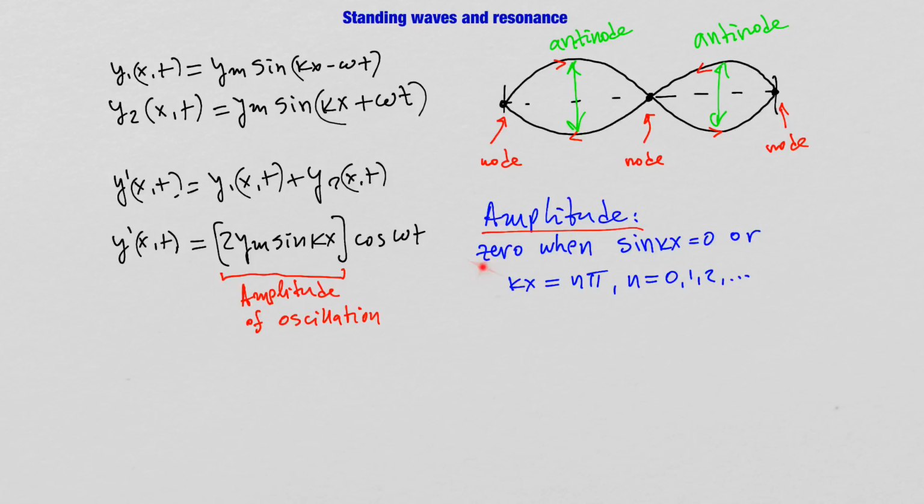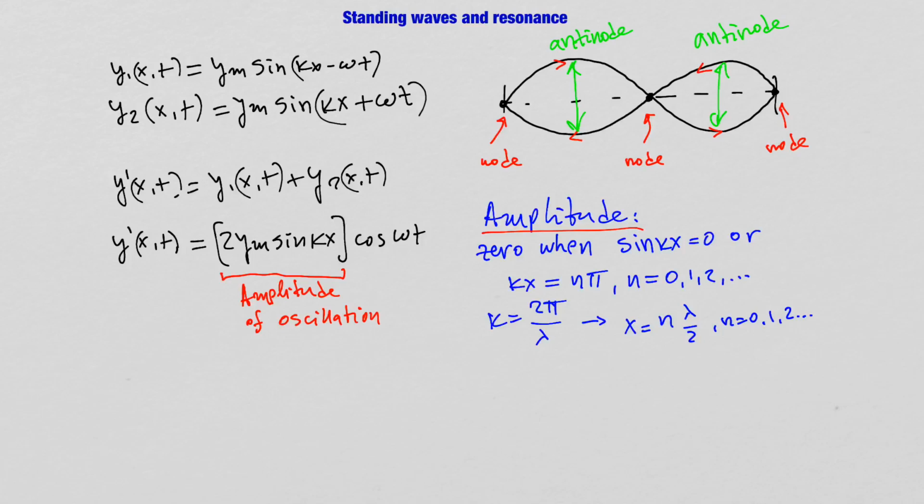The amplitude is 0 when sine of kx is equal to 0. That means that kx is equal to n times pi, and n is equal to 0, 1, 2, 3, and so on and so forth. The reason for that is that sine is a periodic function. On the other hand, k is related to the wavelength lambda of the wave, as k is equal to 2 pi divided by lambda.